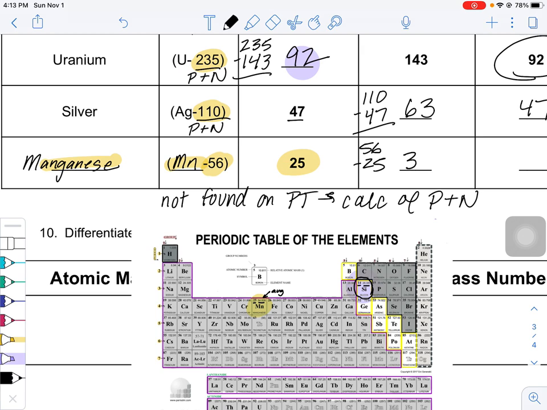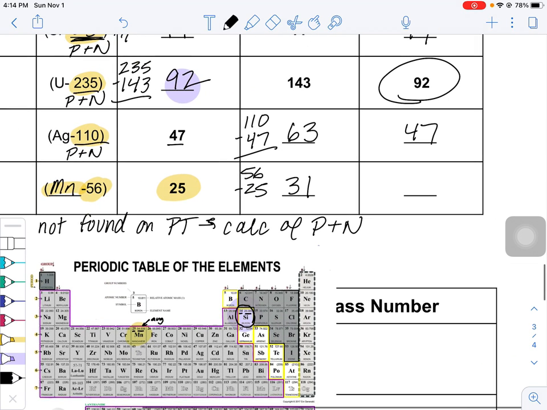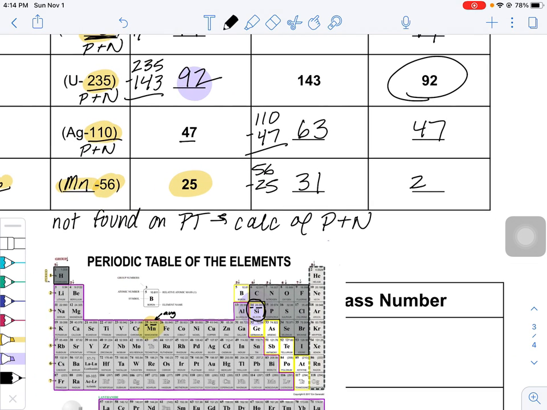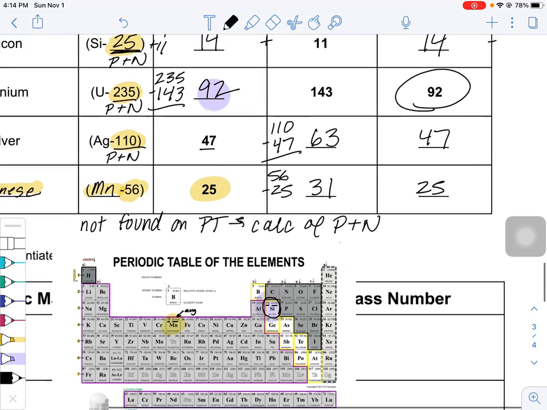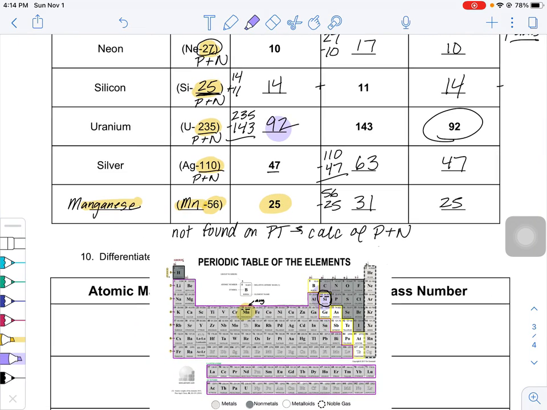Calculates out to 31. And finally, as always, protons equal electrons. So the big thing to remember here is that mass number is not on the periodic table. That's specific to that isotope, and it's always that simple addition of protons plus neutrons.